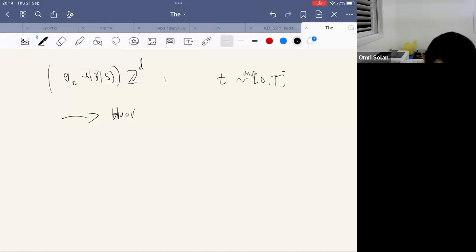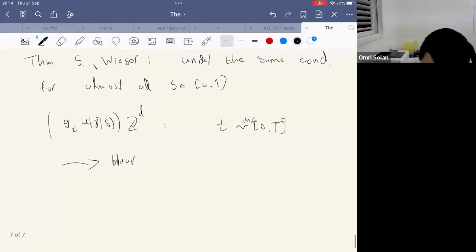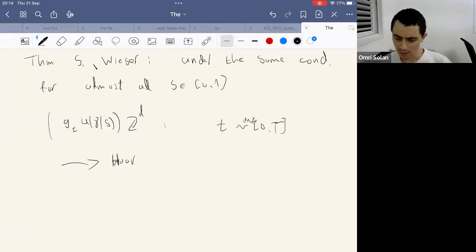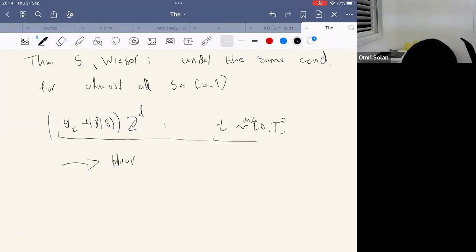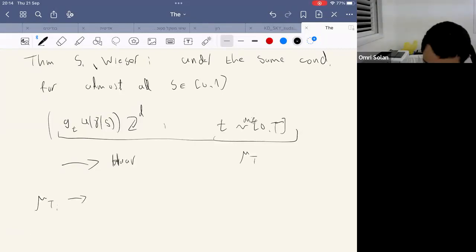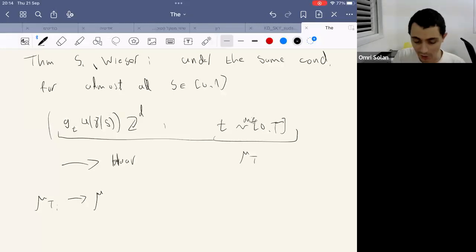So the general strategy goes as follows. Let's denote this measure by mu_t. Suppose there is some partial limit, mu_{t_i}, which tends to mu.